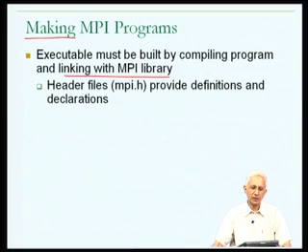And this is similar to the way that you had to link the math library if your program was using math functions. So just like there's a math.h header file, there is an mpi.h header file in which the declarations and definitions are contained, and subsequently by the linking of the correct mpi.o file, the various functions would be incorporated for use by your program at runtime.